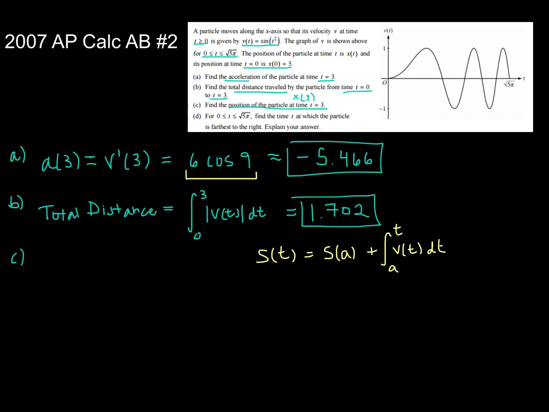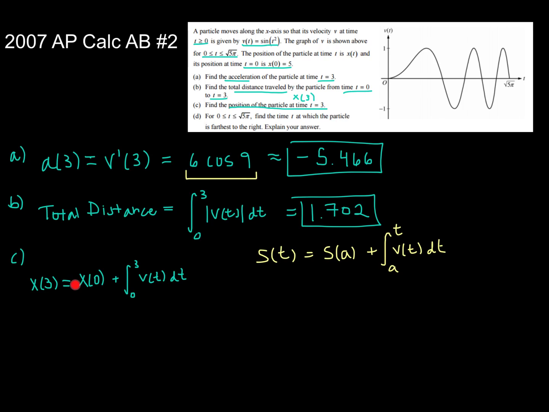So here my work should look like this. I'm going to be finding x of 3, which is going to be equal to the position at time 0, so x of 0, plus the displacement between 0 and 3, which can be found, of course, using the definite integral.